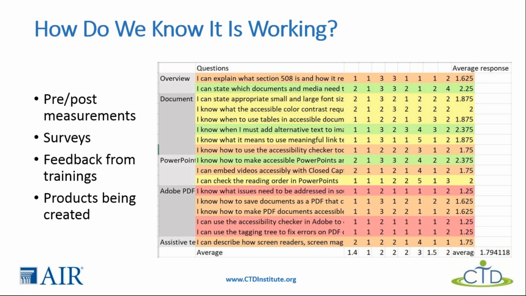The PDFs have been a big deal for us because in order to post things on our website, they need to be posted in PDF form. Anybody who's played with PDFs and accessibility has met our friend, the tagging tree. Teaching people about the tagging tree has been one of the more difficult things that we've worked on.